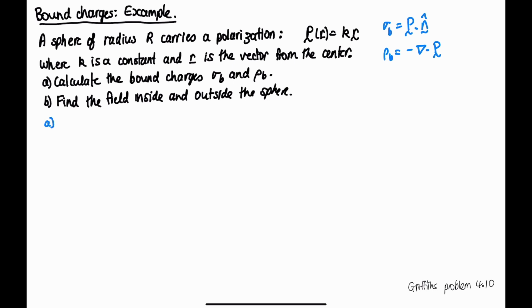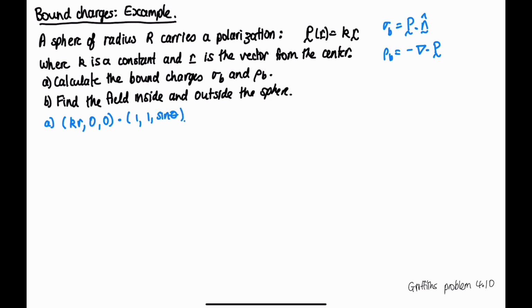Part A, we will do spherical coordinates, and I'll write out the full vectors. I mean, you can probably see that the theta and the phi components are going to be 0, so you don't necessarily have to write everything out, but I just will to make it clear. So this is my P vector, and I'm taking the dot product of this with my normal vector, which is 1, 1, and r sine theta, but r is 1, so that will be sine theta.